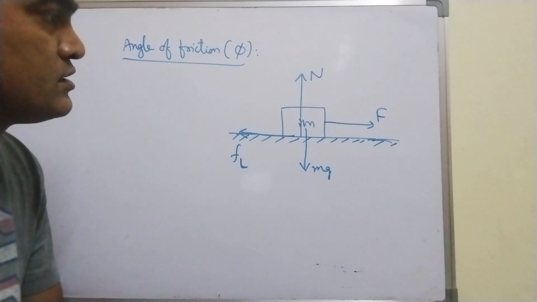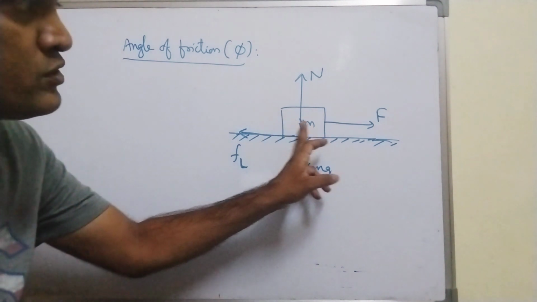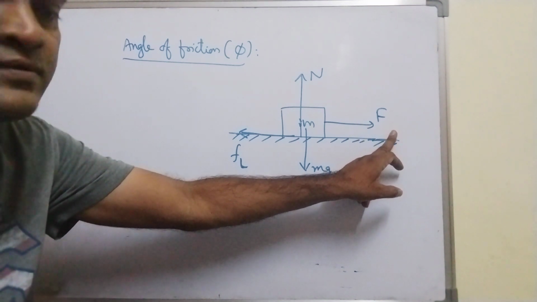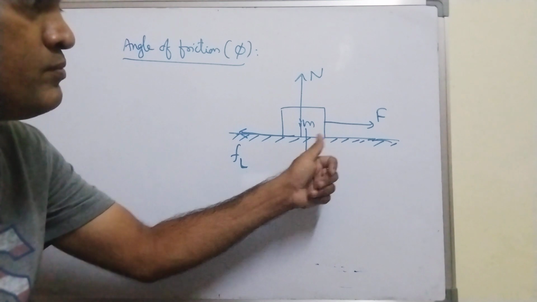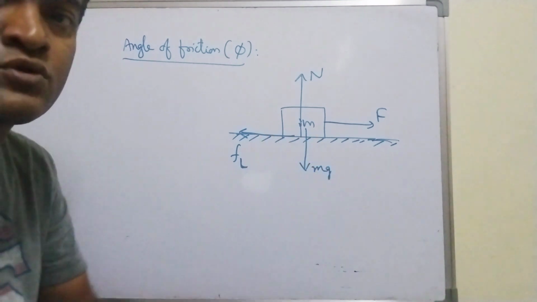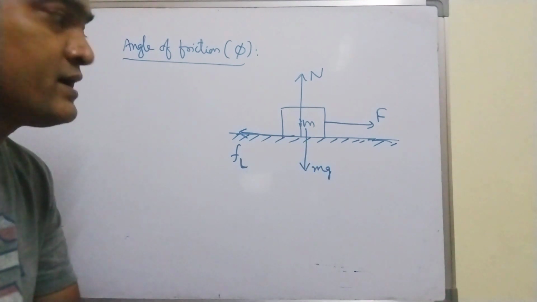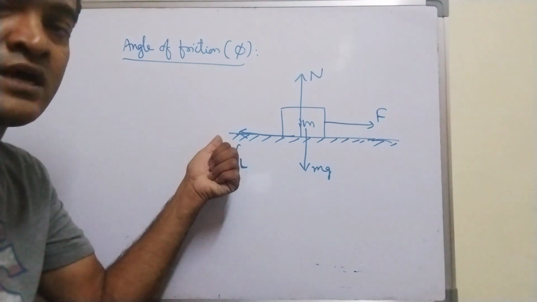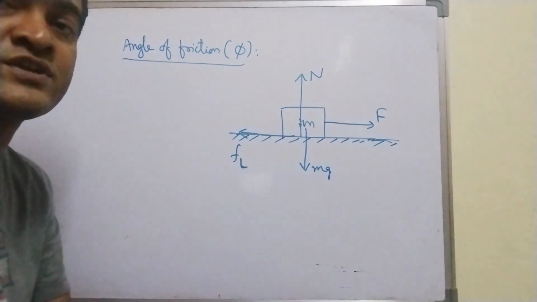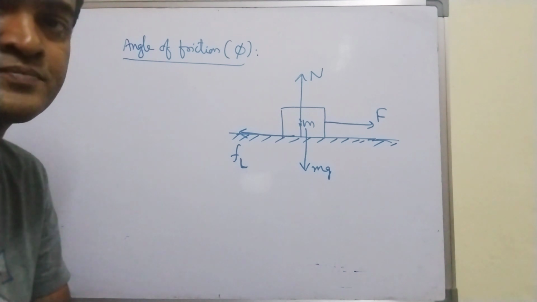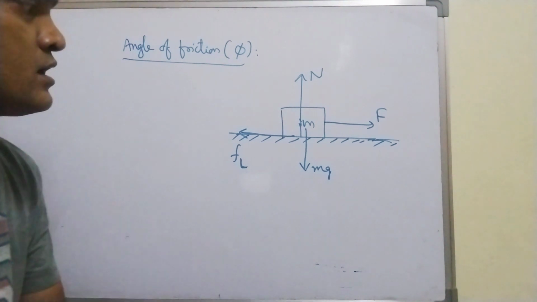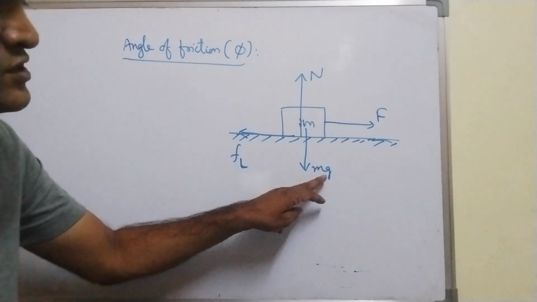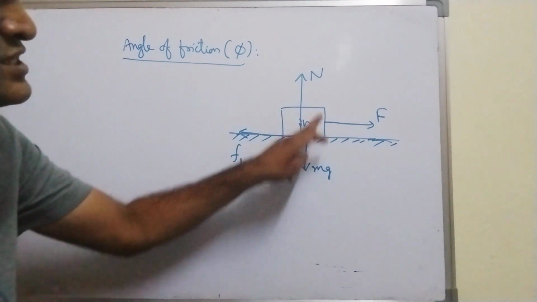Right? Now when I pull the block with an applied force or external force F, and the block is just about to move, then in the opposite direction I will get a friction called limiting friction, because the block is about to move. Along the vertical direction, the weight of the block is balanced by normal force.